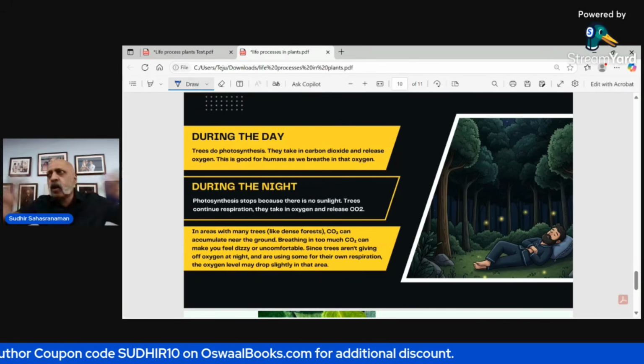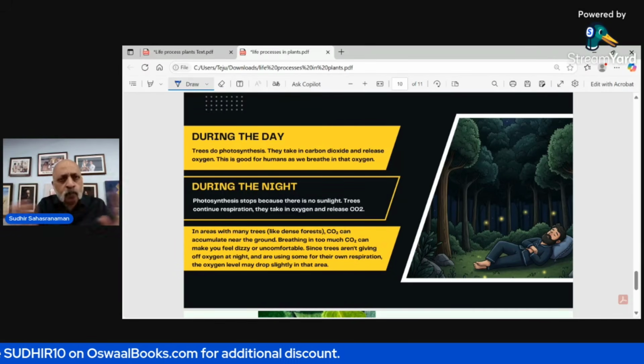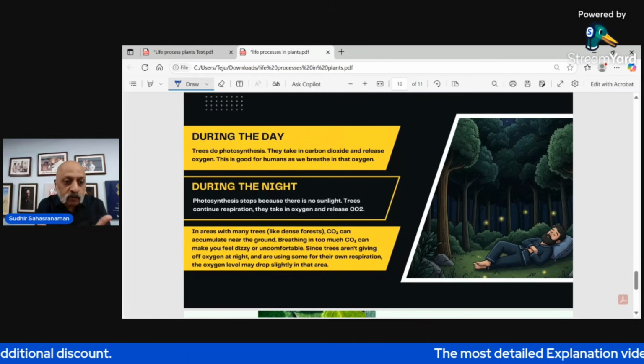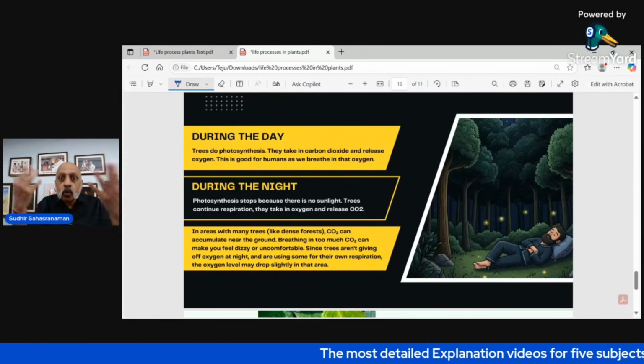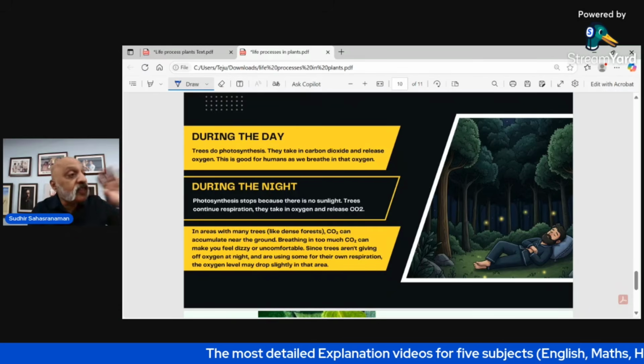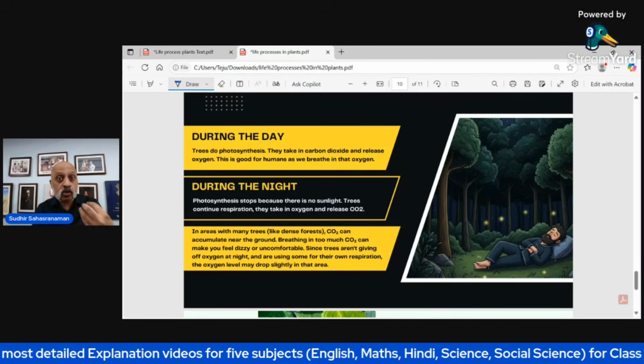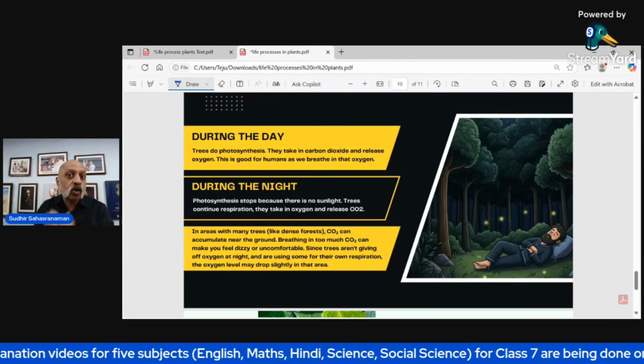If there are only one or two trees, no problem, sir. You can sleep. But if it's a dense area with lots of trees, then you will also be breathing in carbon dioxide, which is being released by the trees. Because they are also taking oxygen, and you're also taking oxygen, you'll have to share the oxygen with the trees.